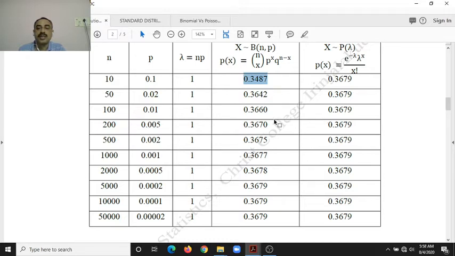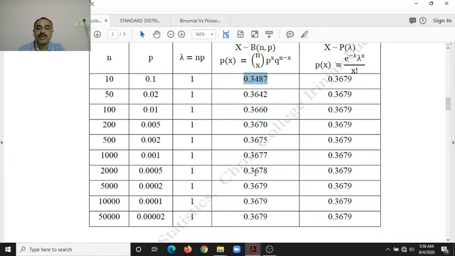You can see the probabilities at x equal to 0 become closer and closer, that is 0.3670, 0.3679, and when n equals 2000 and p is equal to 0.0005, the probability is very close to the probability of x equal to 0 using the Poisson distribution.